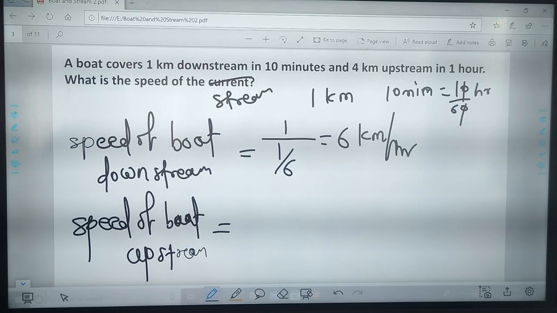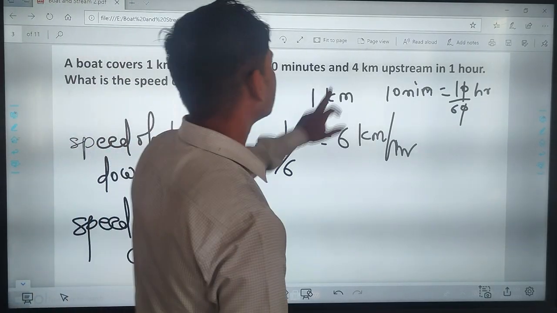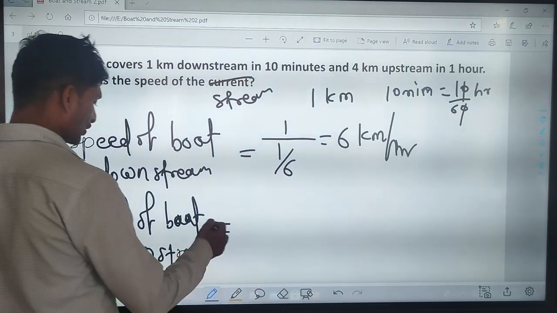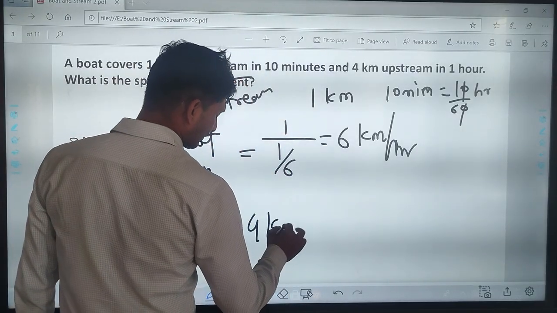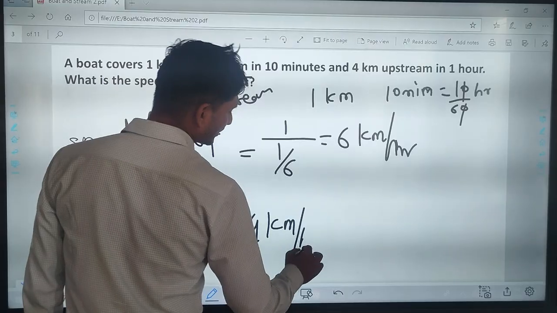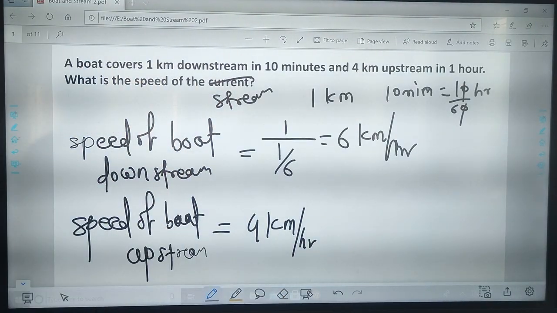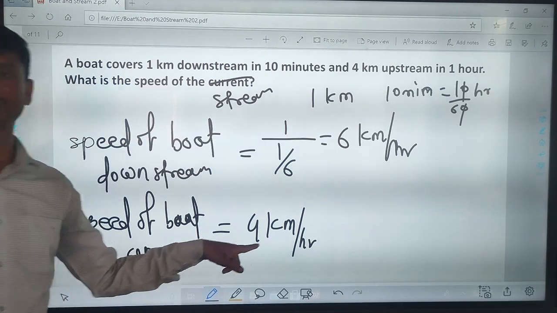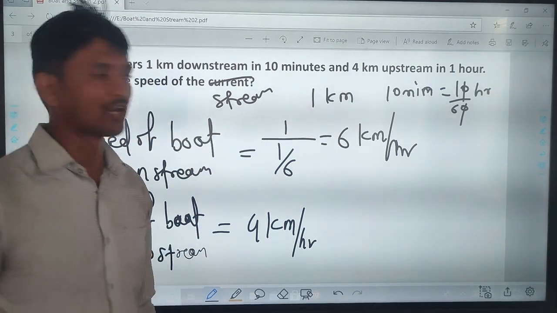Here the distance is 4 kilometer and it takes 1 hour. Then the speed of the boat upstream is 4 kilometer per hour. Downstream speed is 6 kilometer per hour and upstream speed is 4 kilometer per hour.